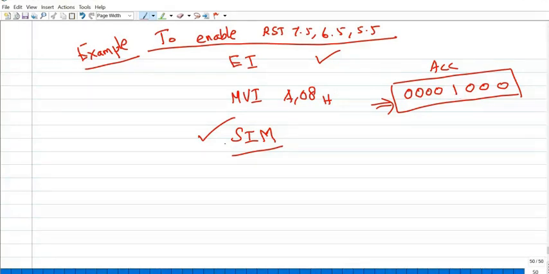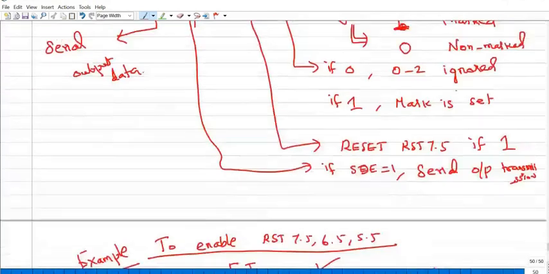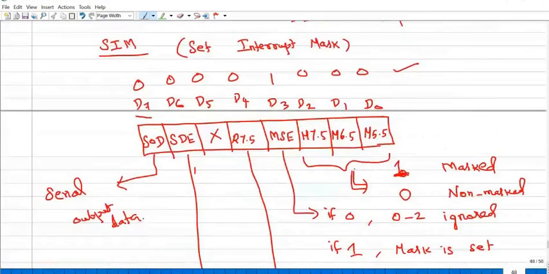Now, if you execute the SIM instruction, the processor will read this accumulator content. Then accordingly, it recognizes which interrupts are masked and which are non-masked, whether the serial data transmission is enabled or disabled, and whether RST 7.5 is reset or active, and everything. So it's a powerful instruction, one byte only. Set interrupt mask.